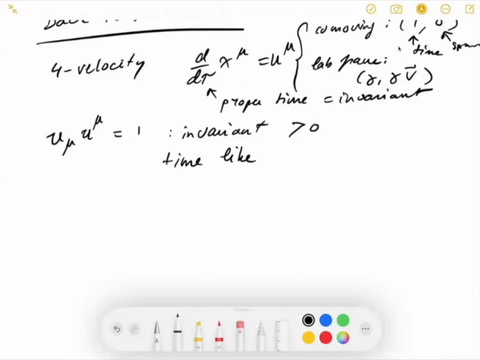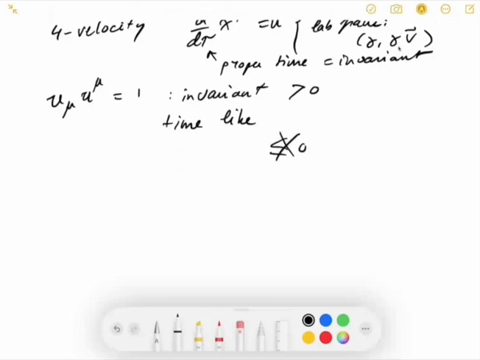And it's never like this. So that means, and this is for a particle with mass. We don't talk about photons yet. With mass. And because it's bigger than 1, it means that v over c is less than 1, right?